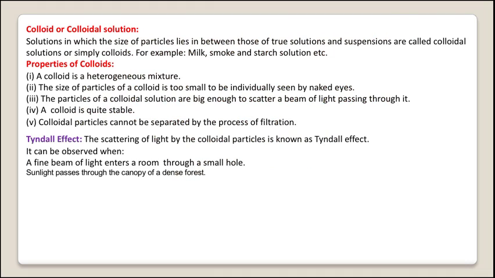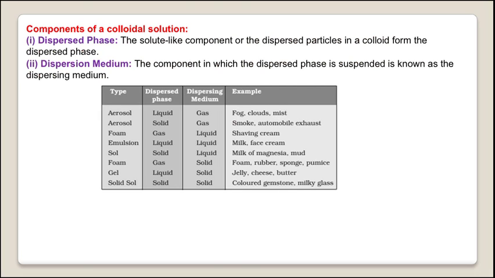Continuing, colloidal particles cannot be separated by a simple process like filtration. For separating colloidal particles, we have to use a special technique known as centrifugation, in which centrifugal force is applied to separate the particles. Same as true solutions and suspensions, we have components in a colloidal solution also, like dispersed phase and dispersion medium.